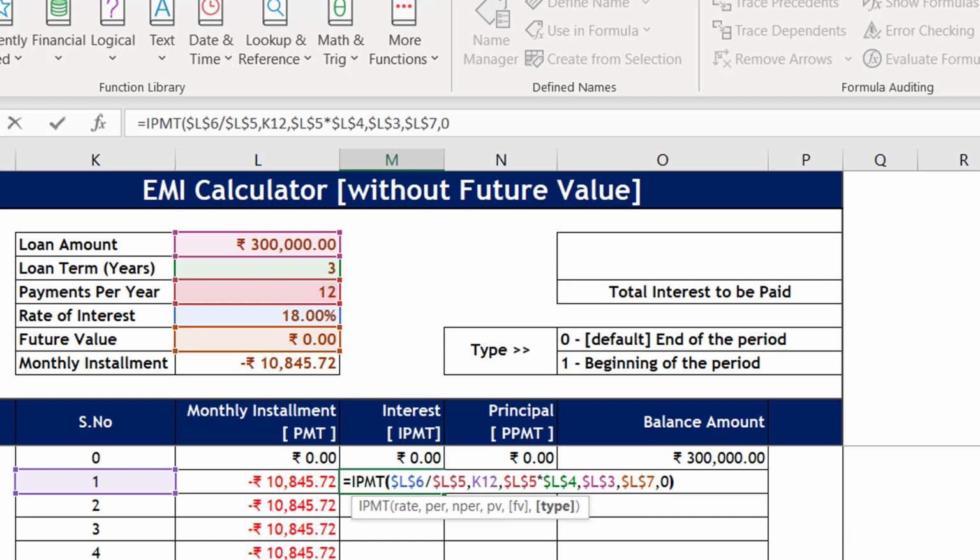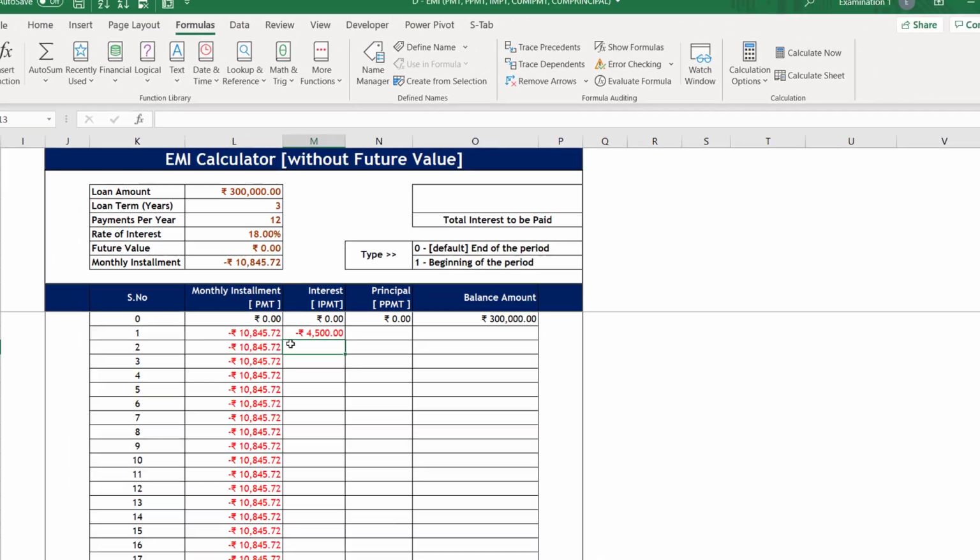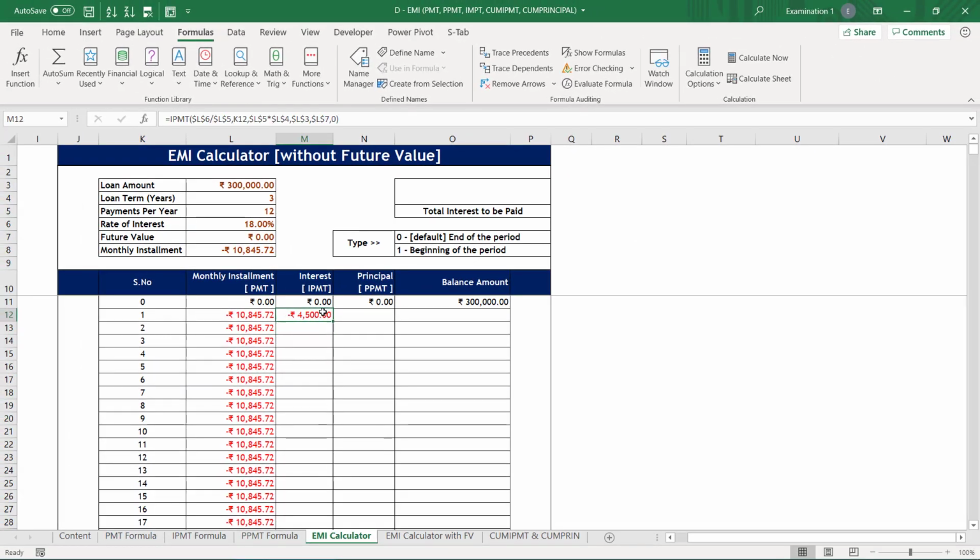That means I'm going to pay my EMI at the end of the month, not at the beginning of the month. Press the enter key, and you can see in the very first month I'm going to pay 4,500 as interest and the rest of the amount as principal.